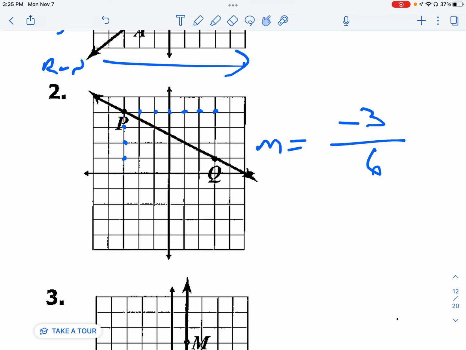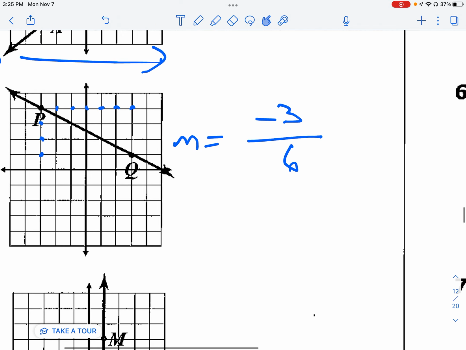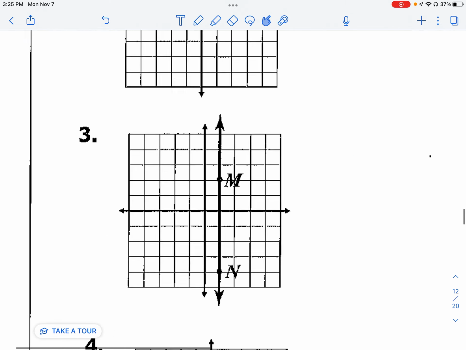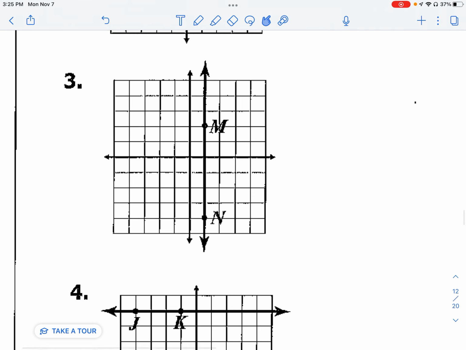So m equals negative 3 over 6, but as we all know, we can reduce that down to negative 1/2. Let's keep going.